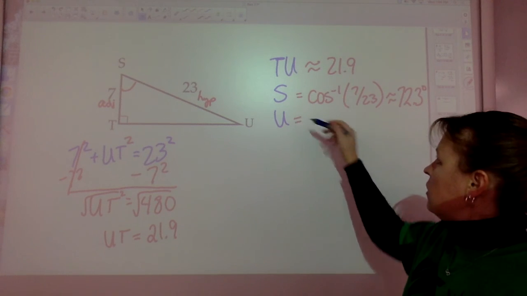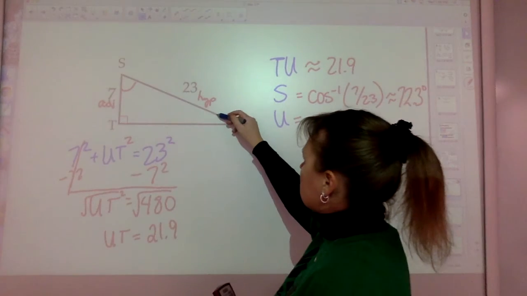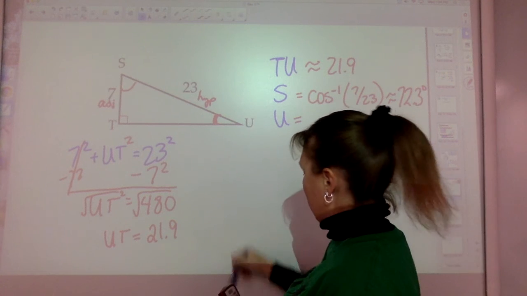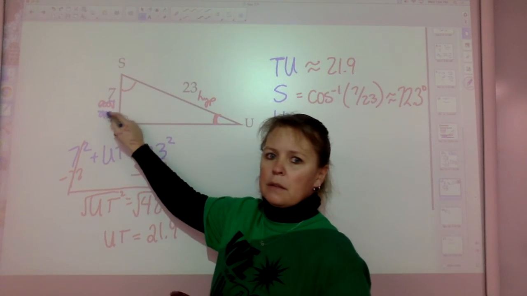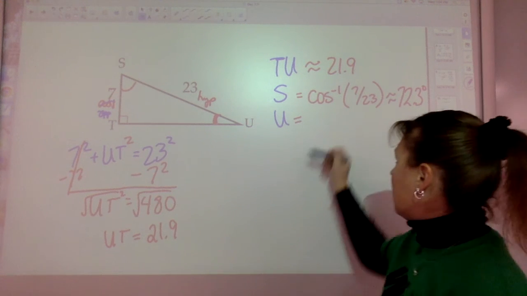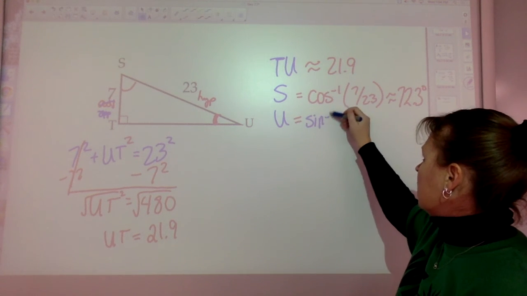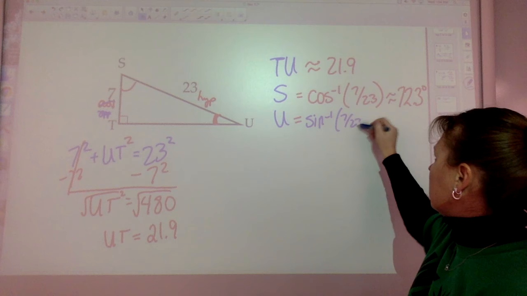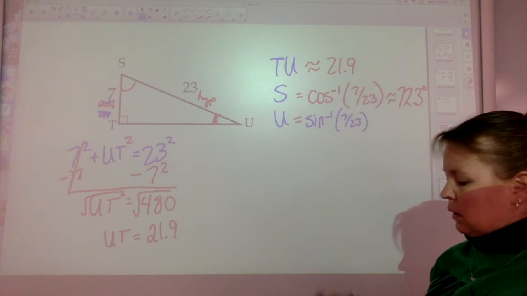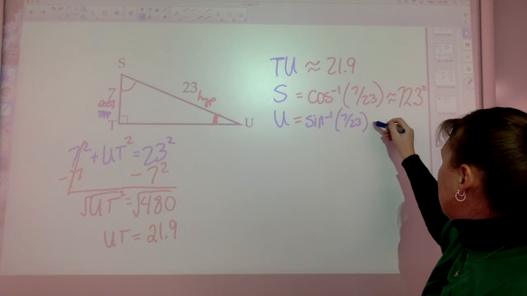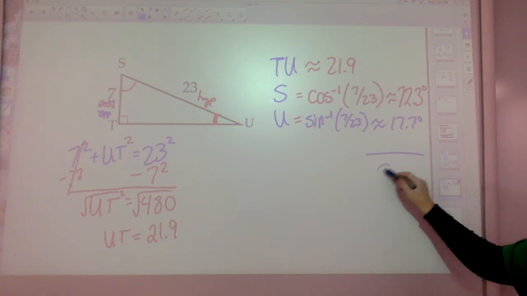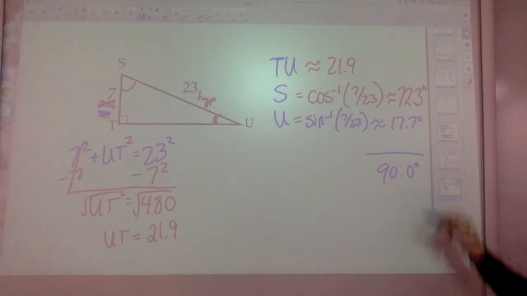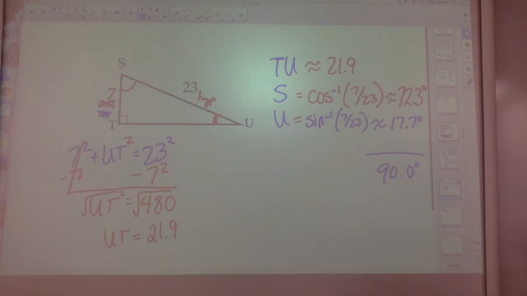How do I find U? I'm going to switch it to over here. Now that's no longer adjacent. It's now the opposite. Opposite over hypotenuse is the inverse sine of 7 over 23, which is 17.7 degrees. Double check and see if you got them right.